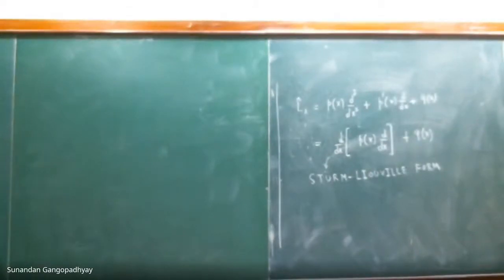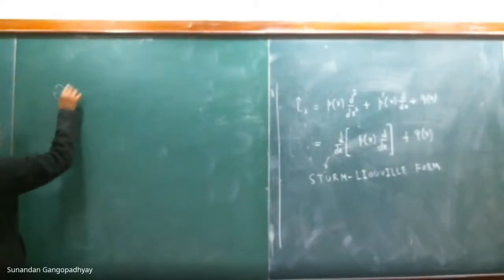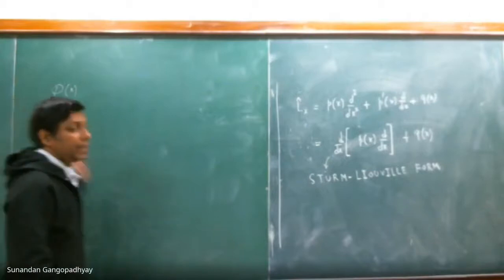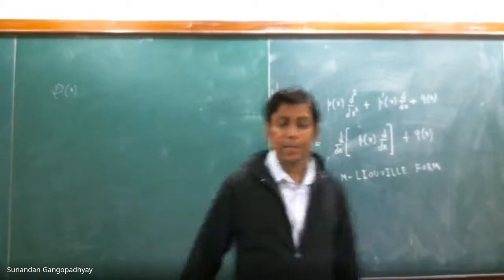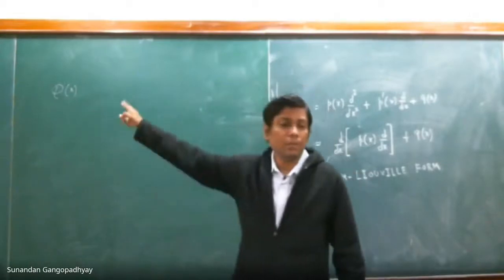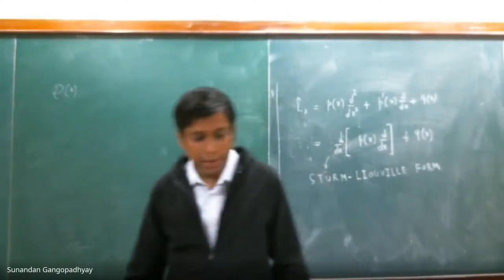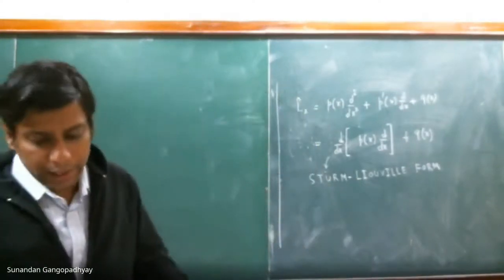The boundary conditions you can simply read off from the Lagrange identity, and from there you can read the form of the function Q of x. Okay? And we did the calculation in the previous class.